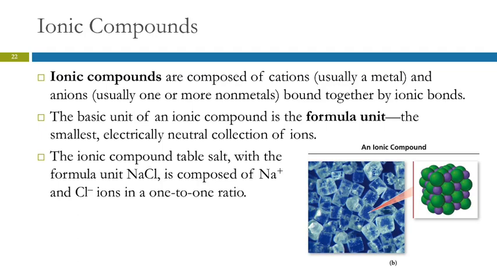For every sodium ion, there's one chlorine ion. So what we do is we use the empirical formula for ionic compounds. It's going to be the lowest ratio of the ions that give us a neutral compound. And so this is the formula, and so instead of referring to a molecule, we refer to a formula unit.